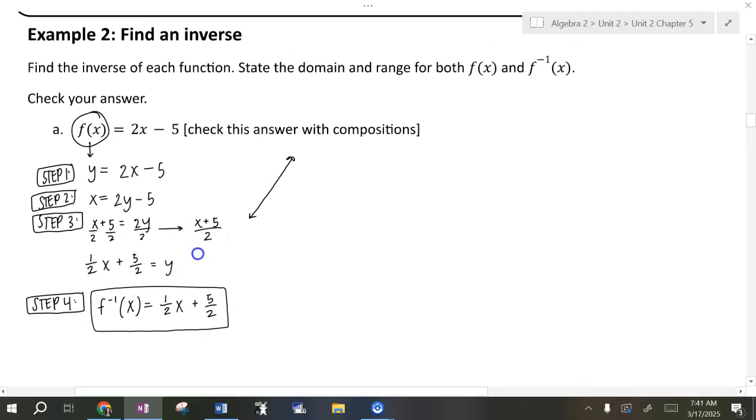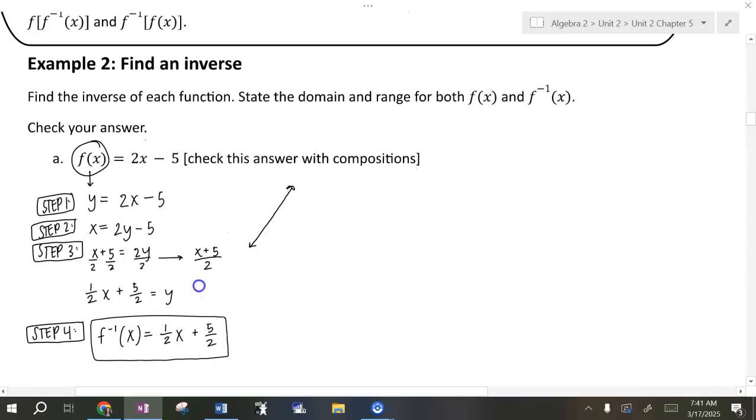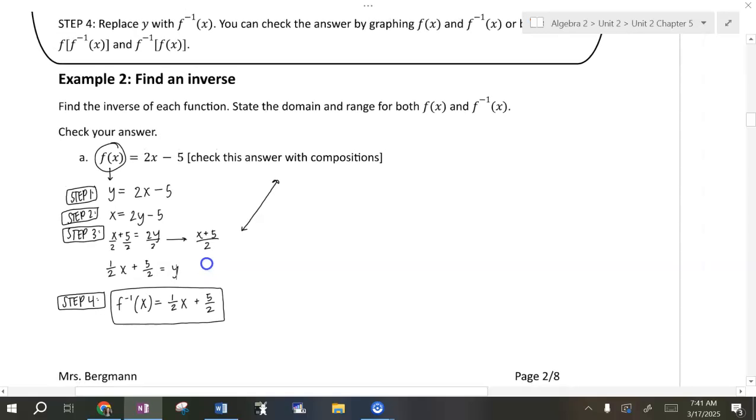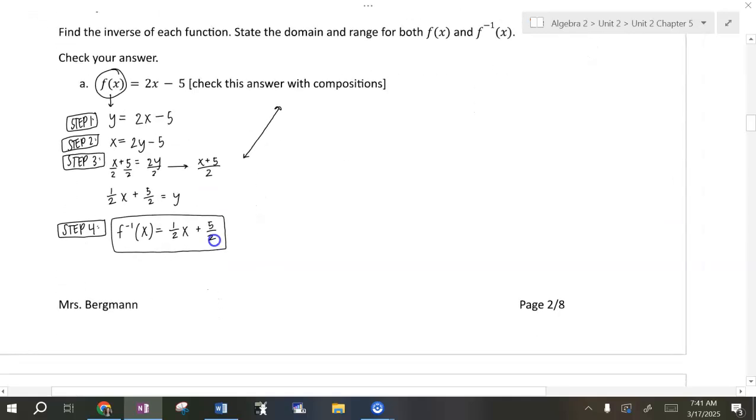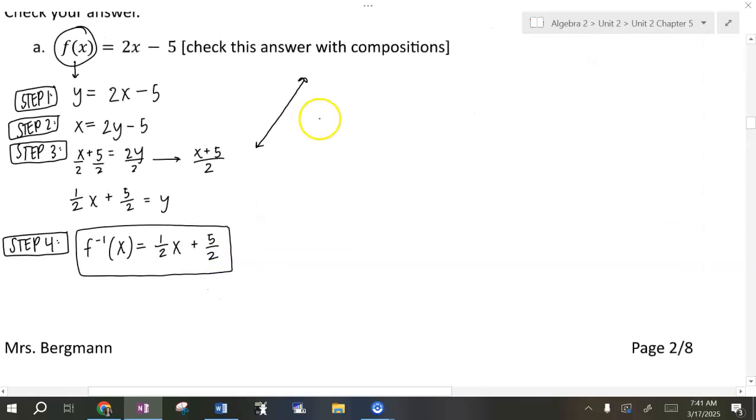In the instructions, it said to state the domain and range for both f of x and f inverse of x. So for my original function f of x, my domain is all real numbers. And my range is also all real numbers because it's a straight line.